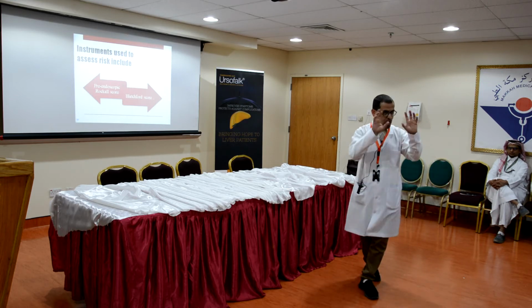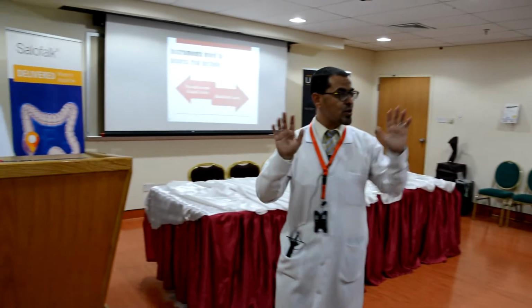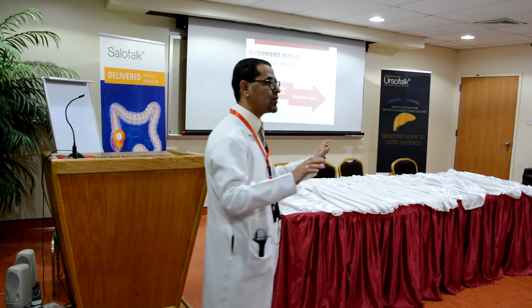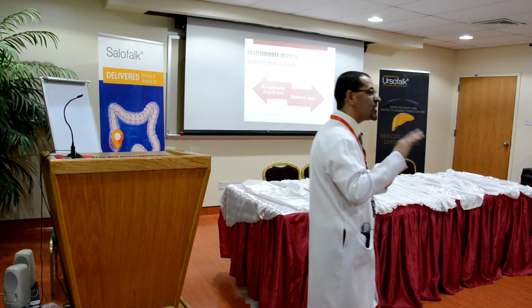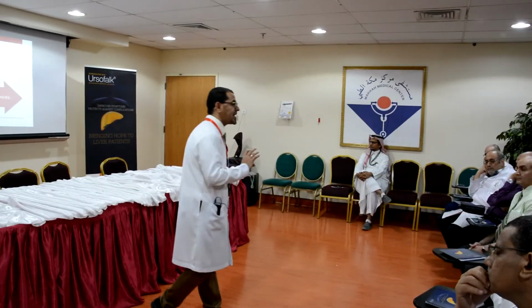Based on that, the total score of Blatchford is 25, and the total score for the Rockall score is 7. If you have 3 and above in Rockall, this patient is high risk, and I have to admit him to ICU. Any patient with Blatchford more than 9, I have to admit him to ICU.